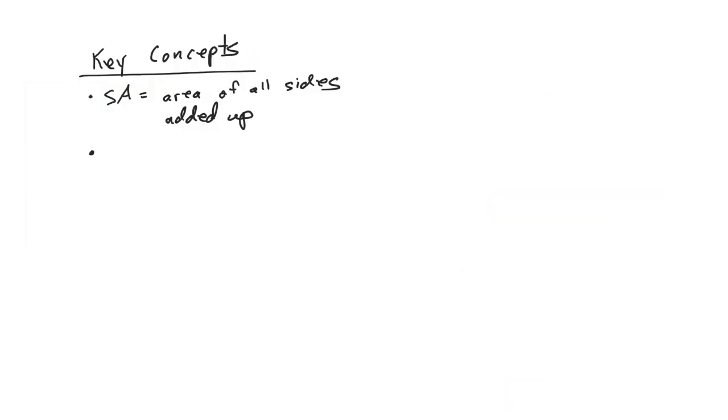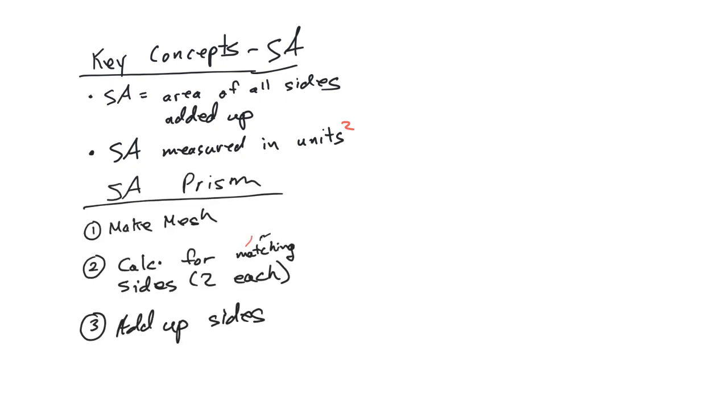So here are the key concepts for the surface area. The surface area is the area of all the sides added up. The surface area is measured in units squared, otherwise known as square units. So for basically a rectangular prism, okay, what you need to do is this.